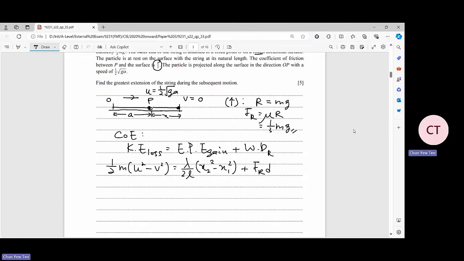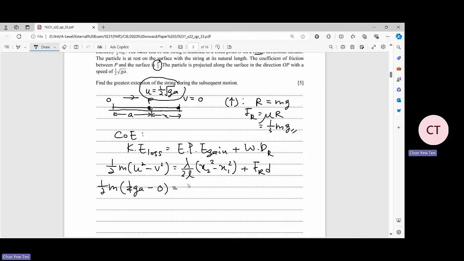So m still remains as m. The u is u, so if you square it, you will get 1 over 4 gA. And at the end, you get 0 because you have used up all the KE, so no more KE in order to reach the maximum extension.